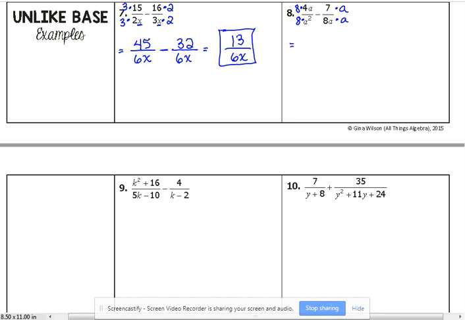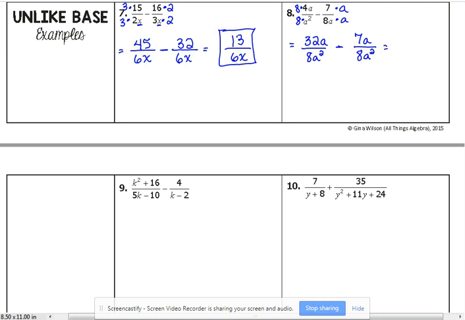So let's see what we've got. 8 times 4a is 32a. 8 times a squared is 8a squared. Minus 7 times a is 7a. 8a times a is 8a squared. Don't just write it down automatically because you know that's what's supposed to be there. Make sure that's what actually ends up there. So we've got the same denominator.